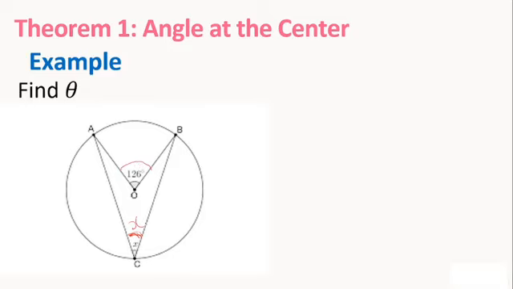To find the angle on the circumference, the property we are looking at is that the angle at the center is 2 times bigger than the angle on the circumference.